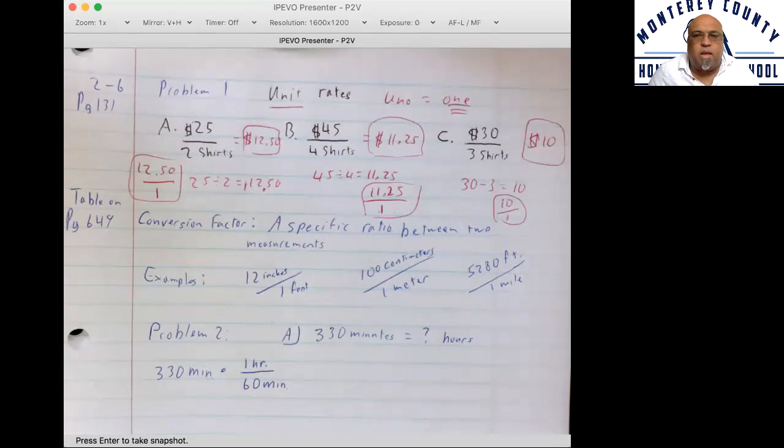Things like that. But I can't necessarily convert it to another nonlinear measurement. Like I can't really say like grams per hour or pounds per hour because that's a completely different form of measurement. It's not linear, meaning that a linear measurement is something that measures a line. Now let's say I want to convert miles to kilometers.